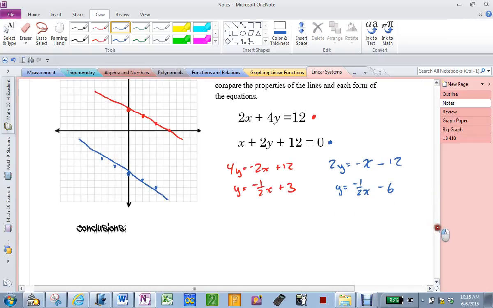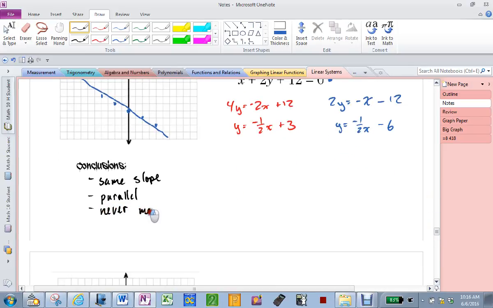Anybody notice anything about those two? Yeah, obviously. Excellent. So the conclusion: same slope. What does that mean? From our last unit, if they have the same slope, they're parallel. If they're parallel, they never meet. If they never meet, there's no intersection. So no solution.